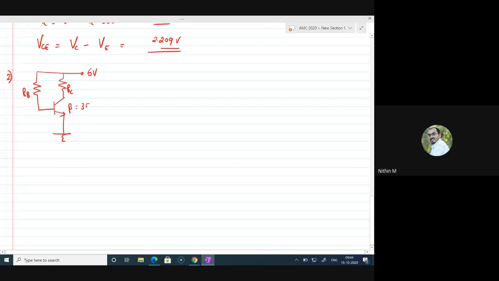Beta is given as 35. VCE is given as 3 volts and IC is given as 0.5 milliamps. The question is to find the value of RB and RC.